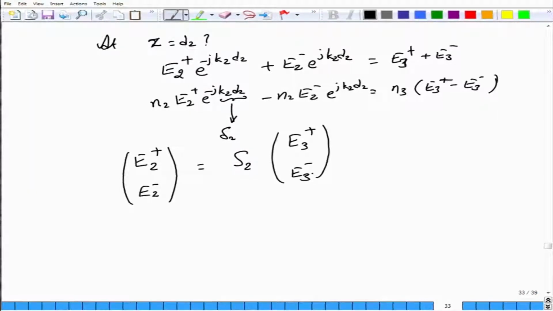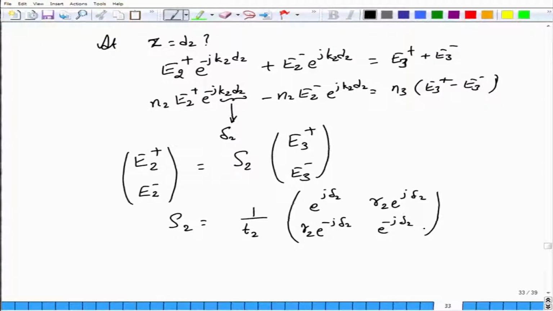When you write it this way and calculate what S2 is, you will see that it is equal to 1 by T2 times the matrix with entries e to the power j delta 2, R2 e to the power j delta 2, R2 e to the power minus j delta 2, and e to the power minus j delta 2. Please verify, where delta 2 is of course k2 into d2, that this matrix is the correct expression.